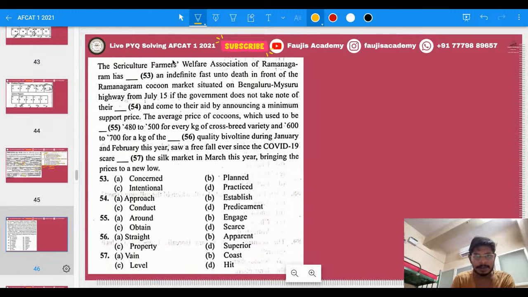Okay. The Sericulture Farmers Welfare Association of Ramanagaram has planned an indefinite fast in front of the Ramanagaram cocoon market situated on the Bangalore-Mysuru highway from 15 July, if the government does not take note of their predicament.